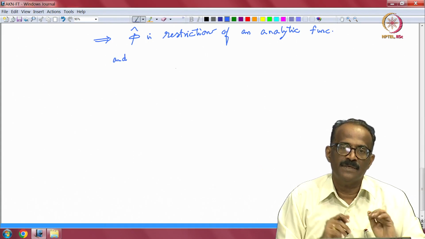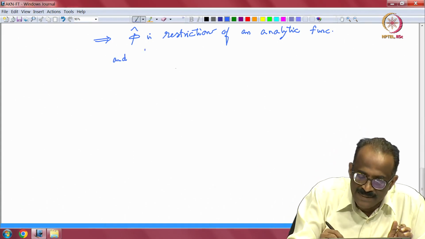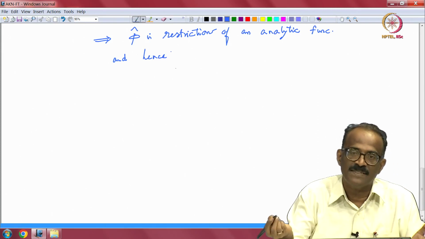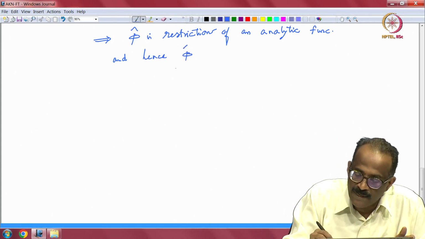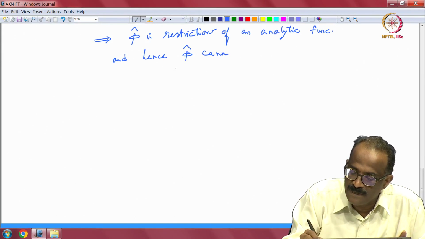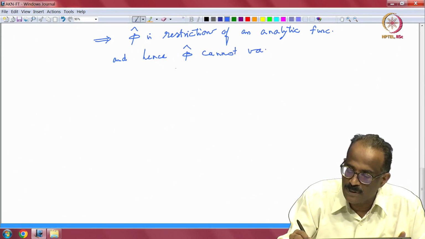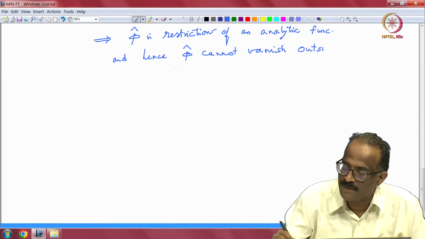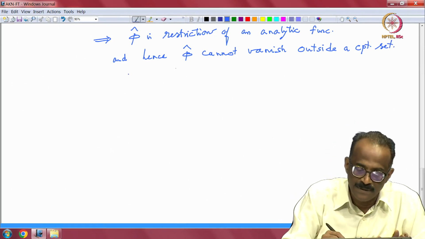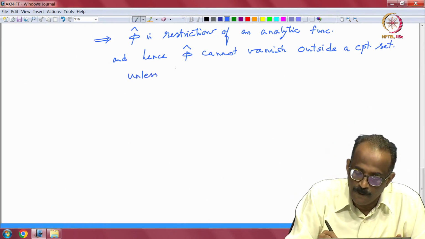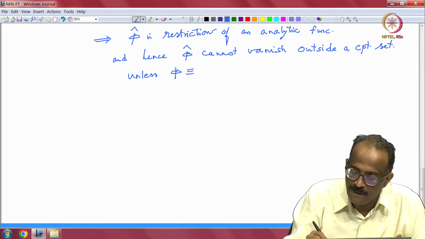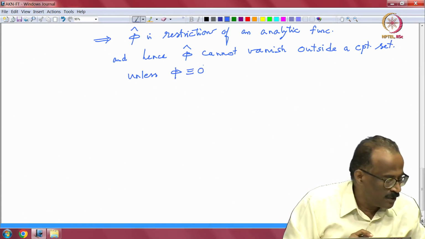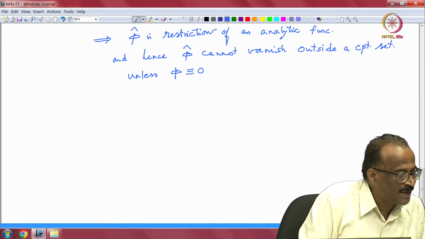It cannot even vanish except at discrete points outside a compact set, unless phi is identically 0. In that case your f is 0, everything is 0.